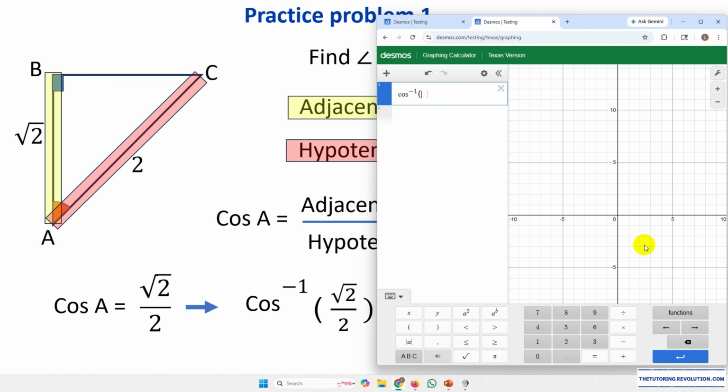So I click that, cosine inverse, and I type square root of 2, I click to the right, and then divided by 2. And the answer would be 45 degrees. Again, I type this function here in Desmos, and the answer is 45 degrees.